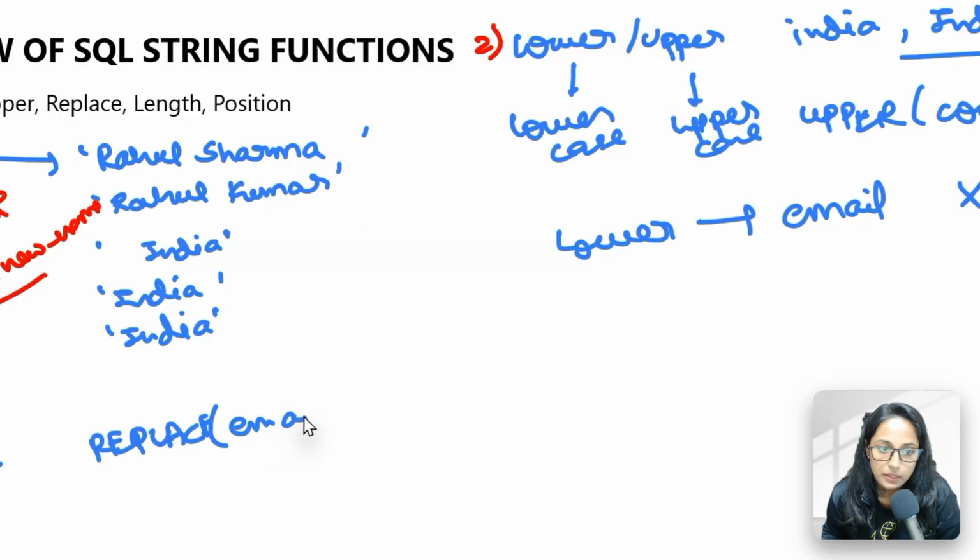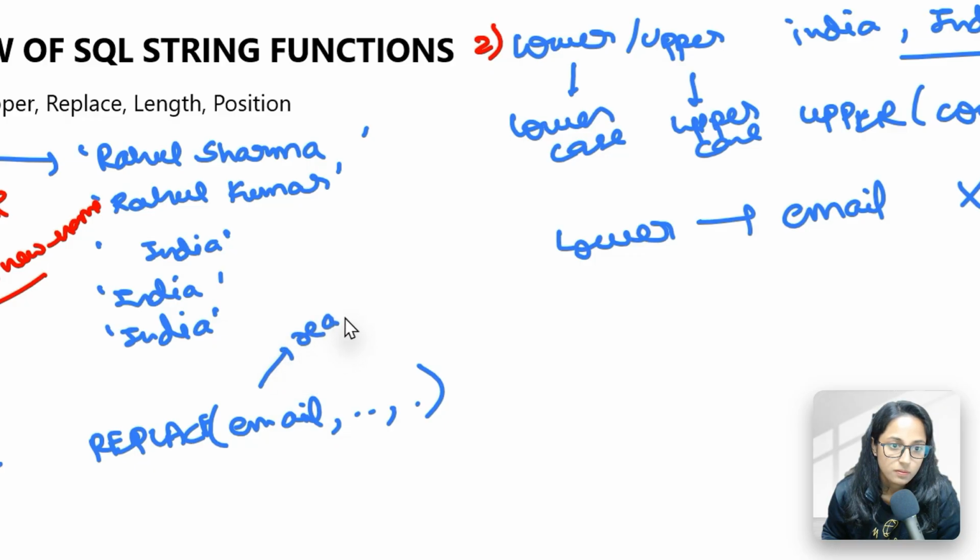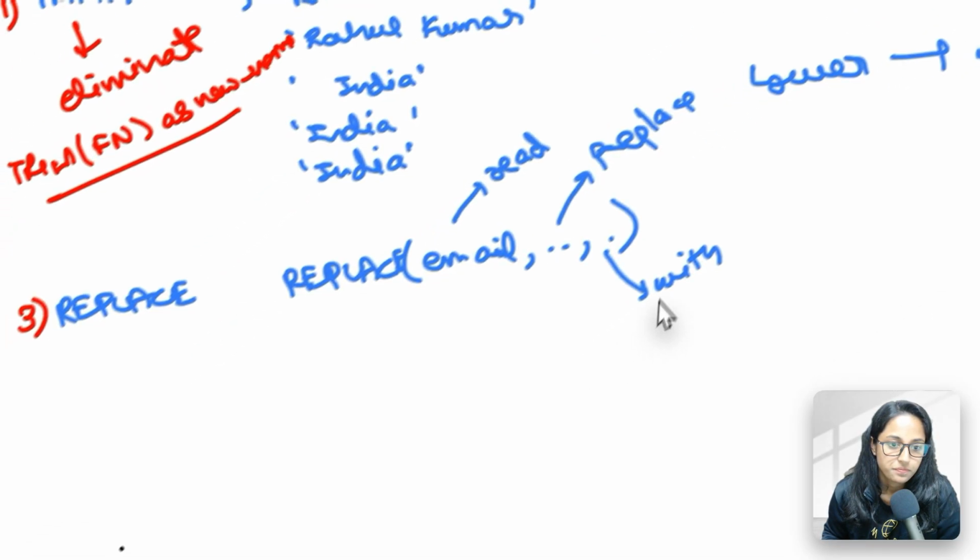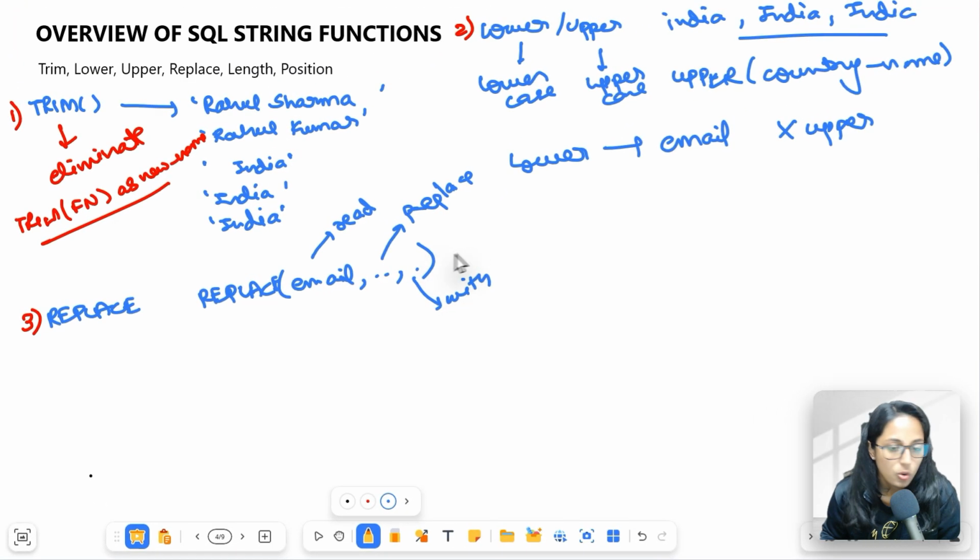For example, that is my email ID, and some folks have mentioned two dots instead of one. So this will read this, replace this with this. Then we can mention from which table. So in such cases, replace comes into the picture.